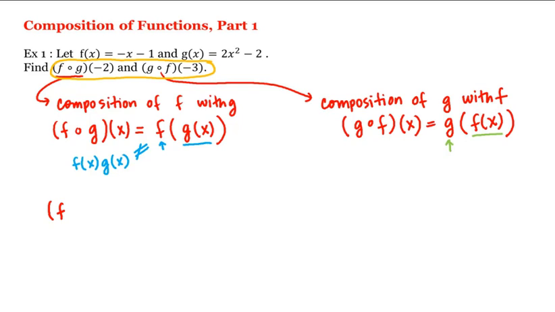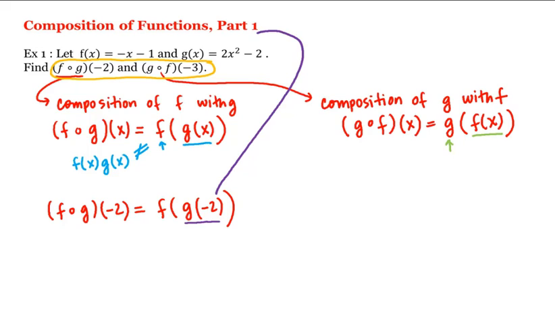F composed with g of negative 2 is equal to f of g of negative 2. So what is g of negative 2? Well, looking back up here, that means we have to plug in a negative 2 wherever we see an x.